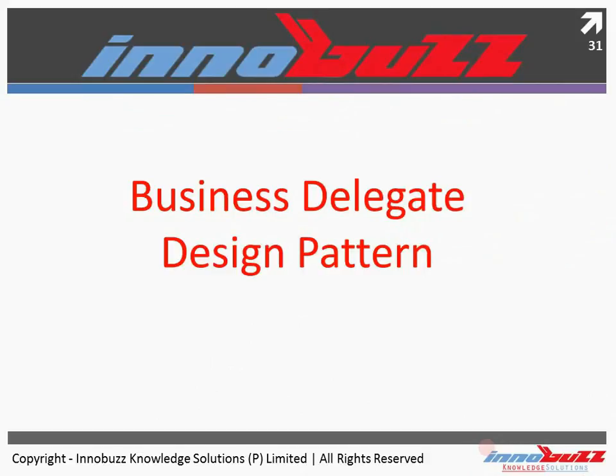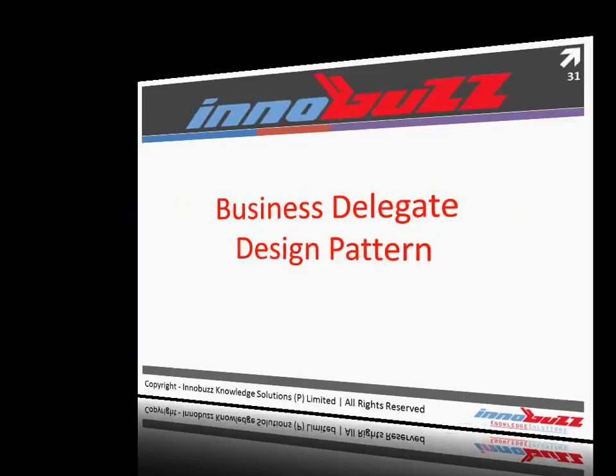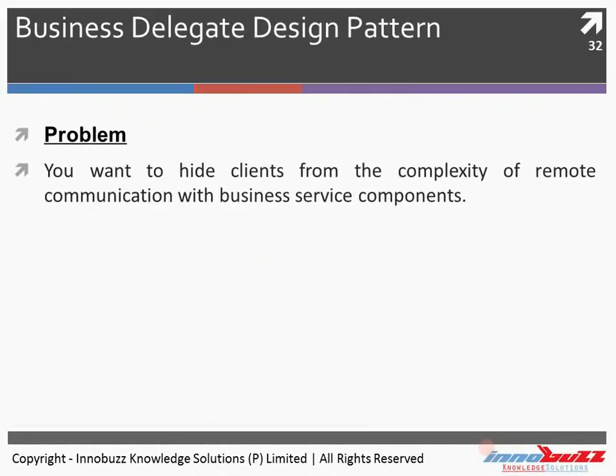Next is the business delegate design pattern, which comes under the business tier of the application architecture. Suppose you have a problem: you want to hide clients from the complexity of remote communications with business service components.